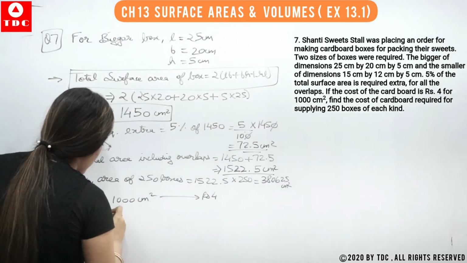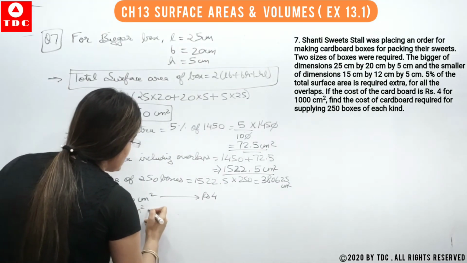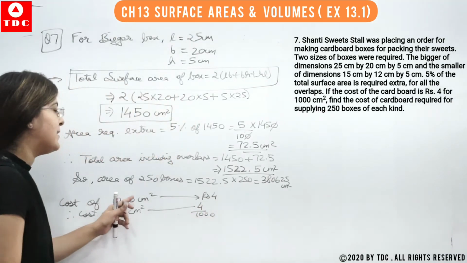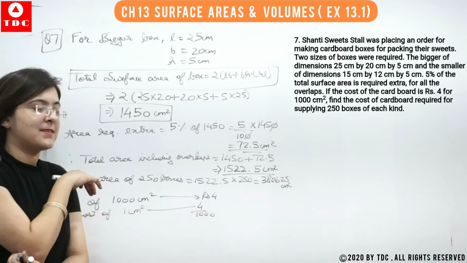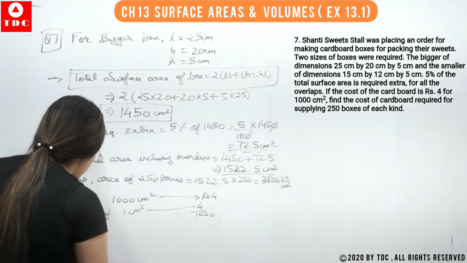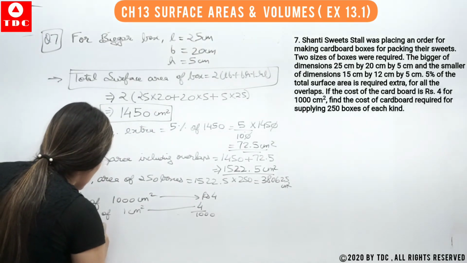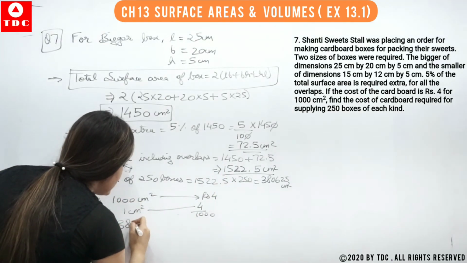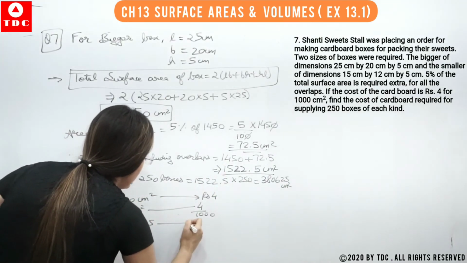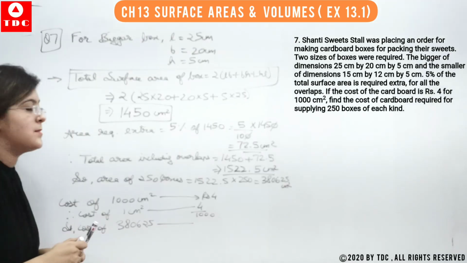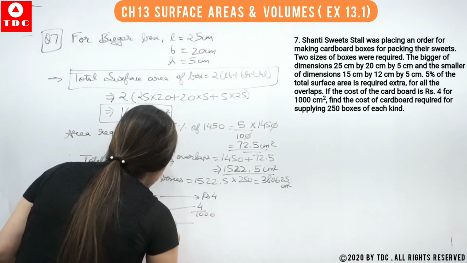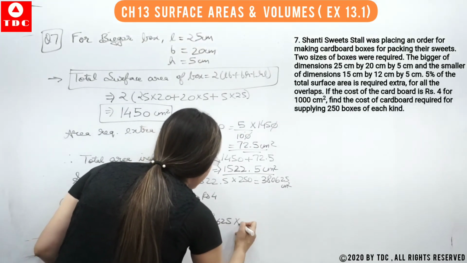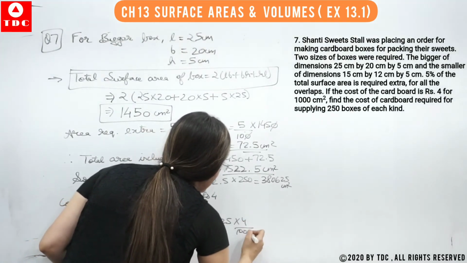Therefore, cost of 1 centimeter square would be 4 by 1000. Unitary method you have learned in class 5th, 6th. Okay, so what will be the cost of our area, 380,625 centimeter square? It will be 380,625 into 4 by 1000.